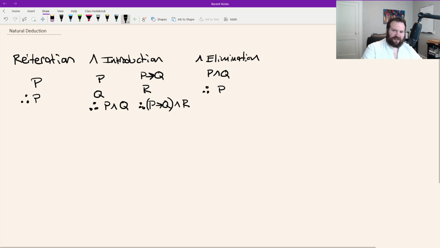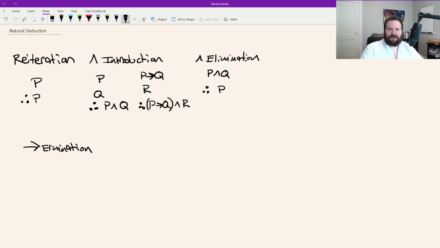Okay, so we're going to now start with our conditional rules. First up, conditional elimination. Conditional elimination should be very familiar to you now. In fact, we led this lecture with a conditional elimination.